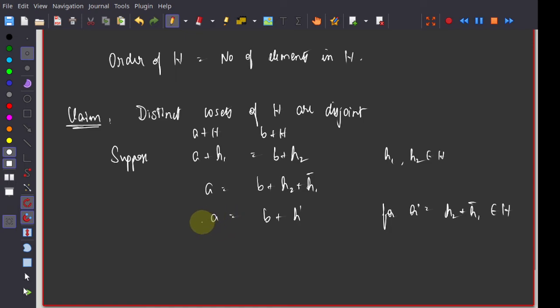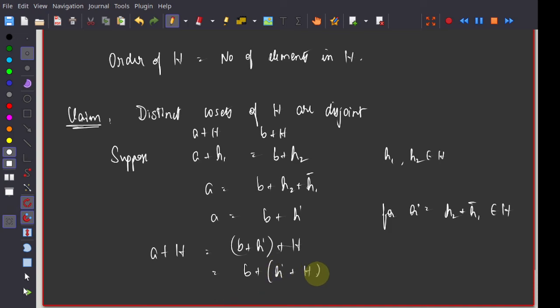Now let us look at the cosets themselves. If I look at A plus H, this is equal to B plus H prime plus H, correct?